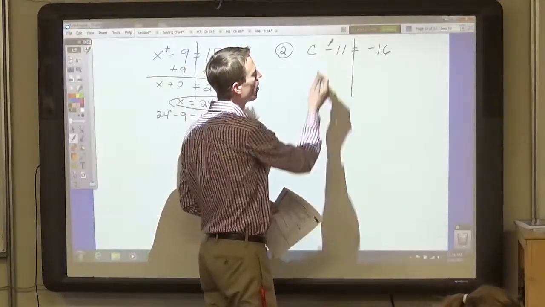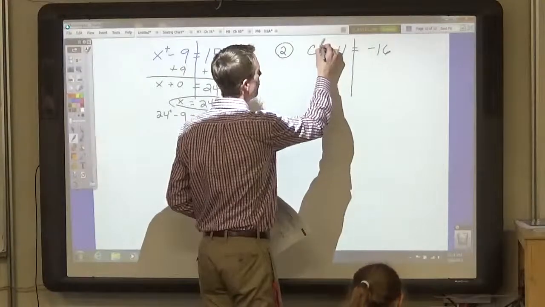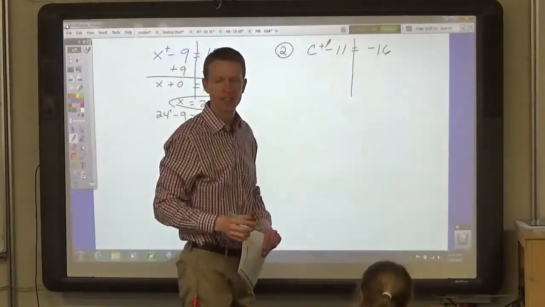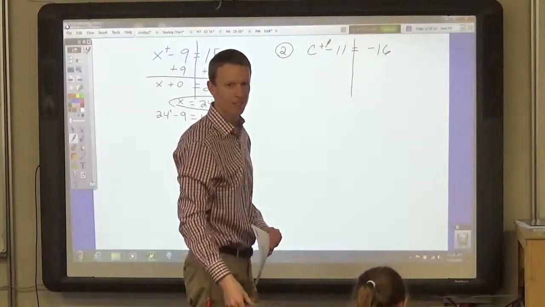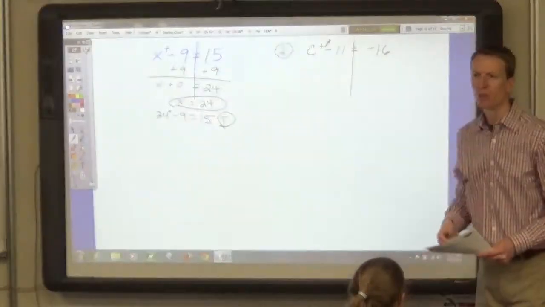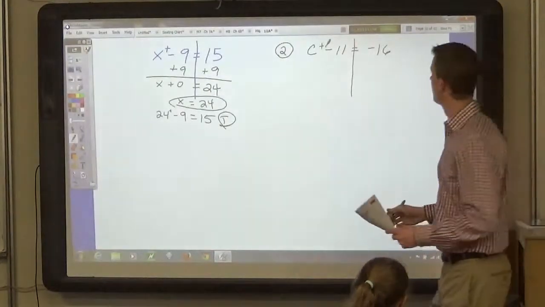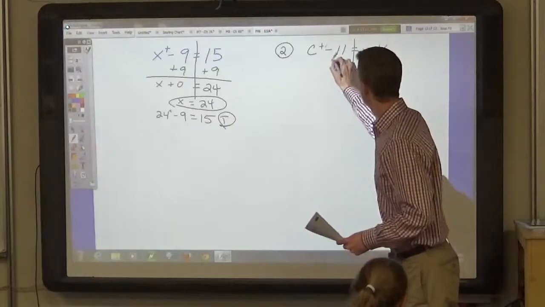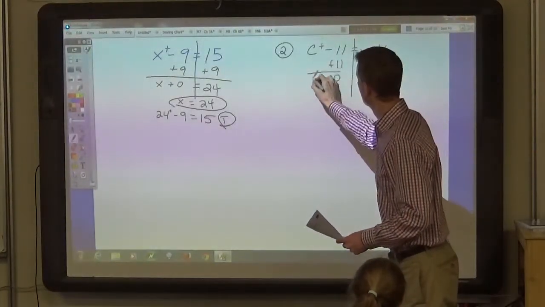What should we put before the minus sign? Plus. Yep. Insert a plus sign. Then what? What should we add to both sides? Jordan? Plus 11. That gets rid of the negative 11.